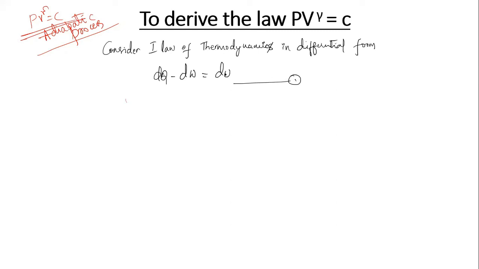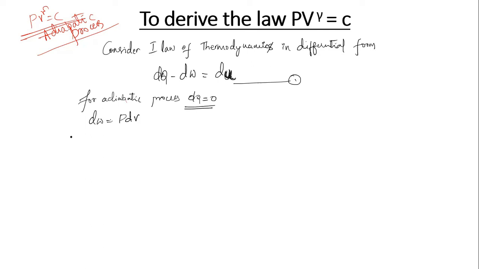Whatever I will be deriving is for 1 kg, therefore it will become small u, specific internal energy. Now, for an adiabatic process, we know dq is equal to 0. And also we know dW is equal to pdV.